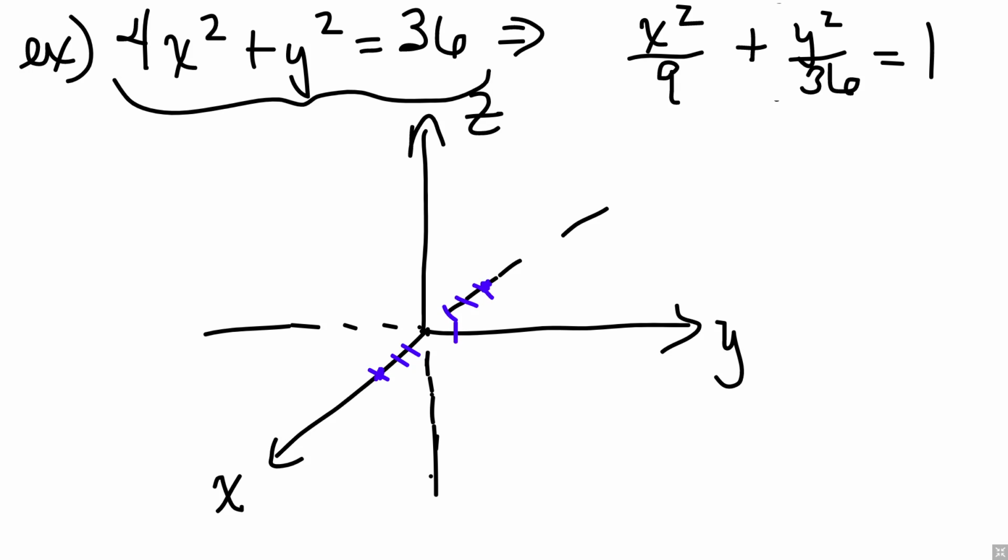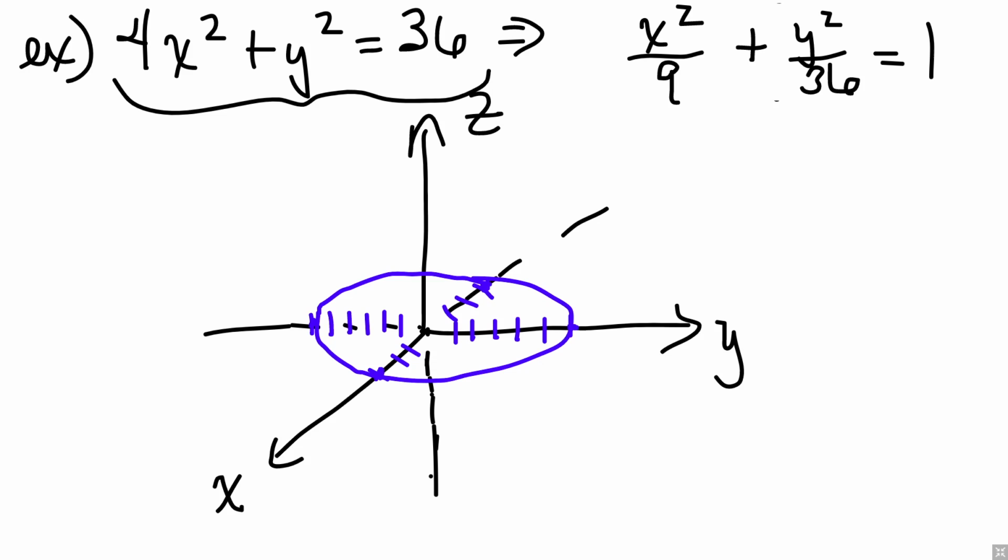So we're going to go 6 on y and 6 in the other direction on y. And that gives us the other two vertices. So essentially, this is our ellipse in 2 dimensions.